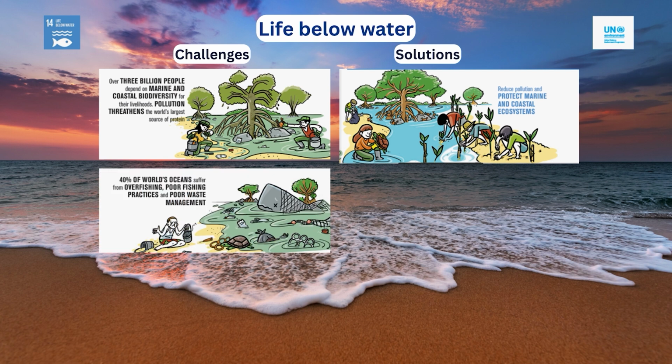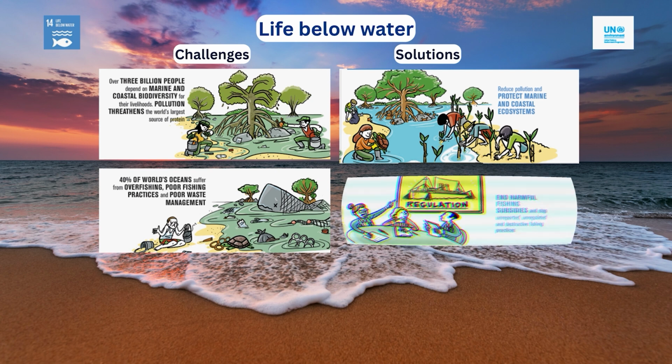Again, we know that 40% of the world's ocean suffers from overfishing, poor fishing practices, and poor waste management. When we talk about resources, overutilization and exploitation are the major factors in the decline of those resources, and that has an impact on the fabric of the ecosystem.